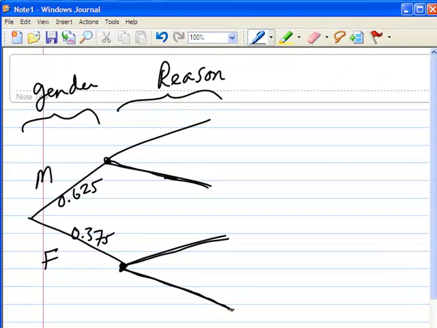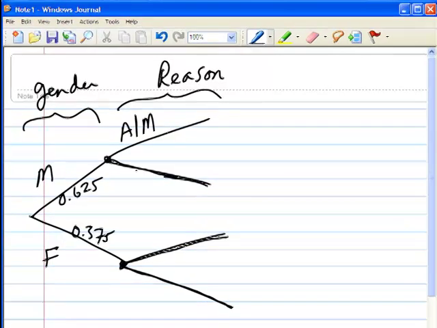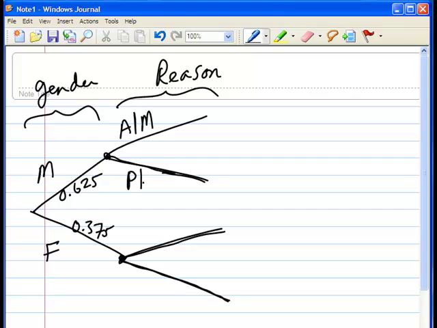And the reason why we say they're conditional is that this right here would be the probability of, let's say, appearance given male, and this would be performance given male. We'll get rid of these, and we'll say now that the two events underlying the reason for purchase are either appearance or performance.